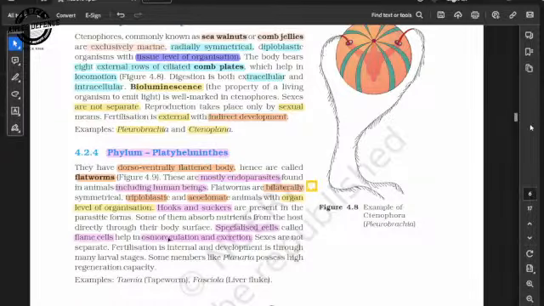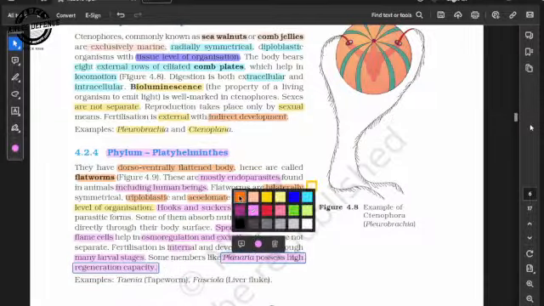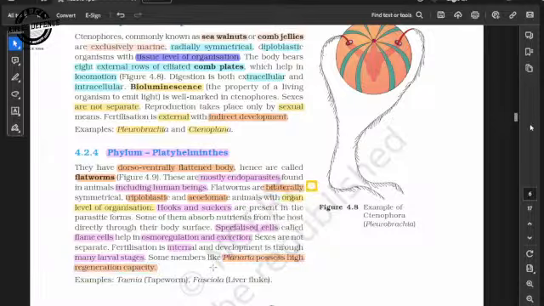Is it clear? Make a star mark to the planaria point: planaria possess high regeneration capacity.